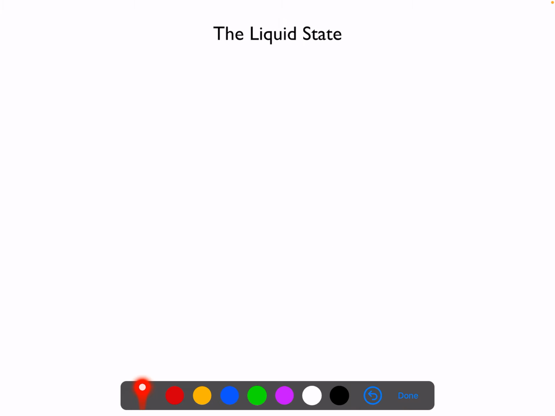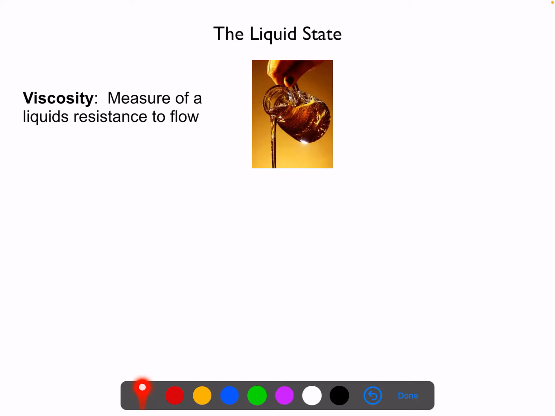All right, so let's chat a little bit about the liquid state and just go over some properties. All of these properties depend on intermolecular forces of attraction. So we can discuss the viscosity, the measure of a liquid's resistance to flow. Things that are really thick, like maple syrup, like molasses, what that's telling you is those molecules stick together a lot.